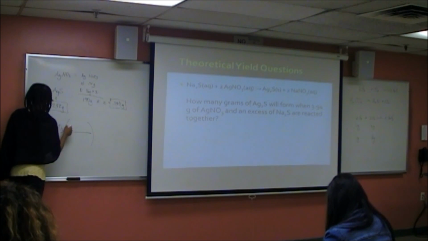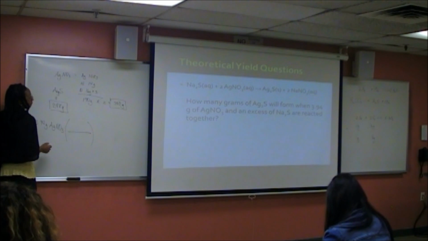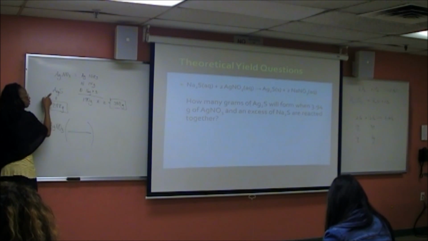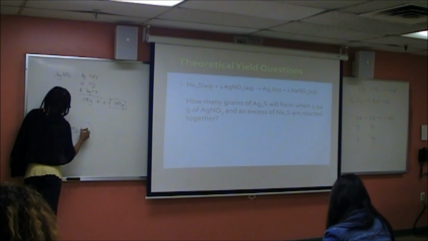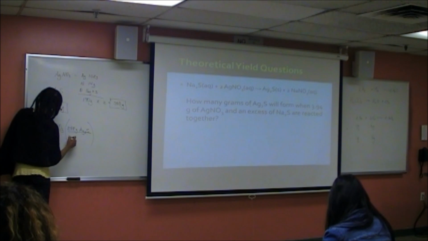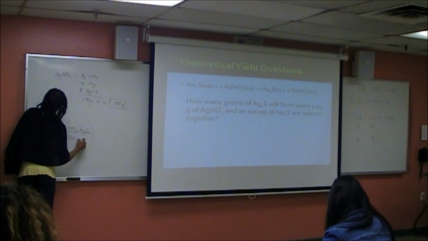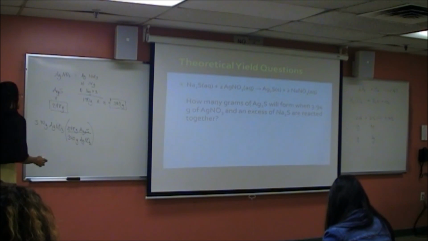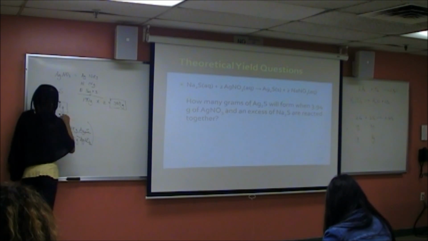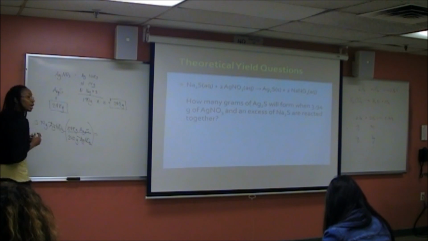I'll bracket what goes on top: 248 grams of silver sulfide. On the bottom goes 340 grams of silver nitrate. Silver nitrate cancels out, multiply across, divide by the bottom, what do we get?